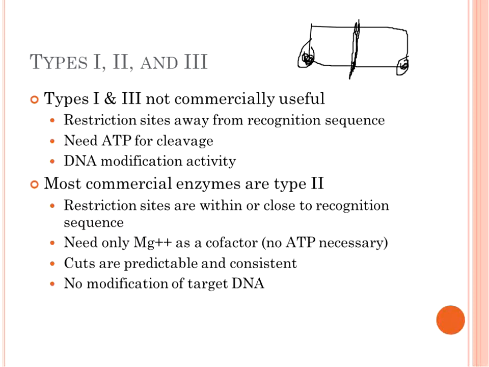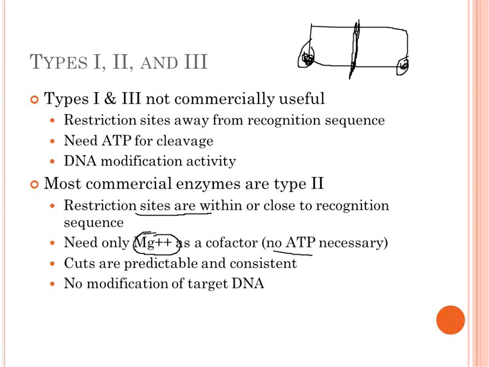The restriction site for type 2 enzymes is within or close to the recognition sequence. And they don't need ATP. They just need some divalent ion, in this case magnesium, as a cofactor. So as long as you provide the cofactor, they do their cutting easily.